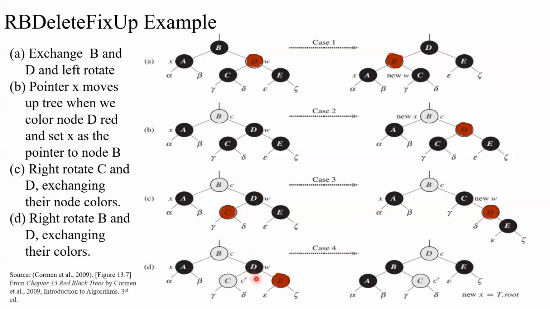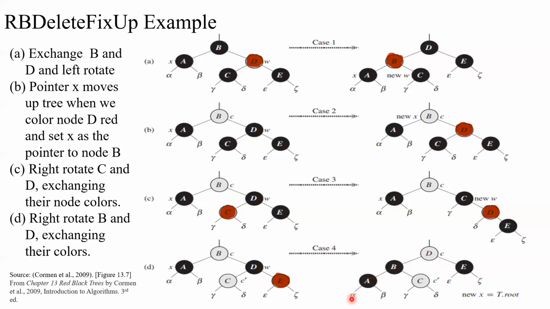In case 4, we have X's sibling W. It has a right child that is red, which is E, and C can be either red or black. In this case, we rotate B and D. So here's B and D, and B now becomes the left child of D, and B is black, and E is now black as well.